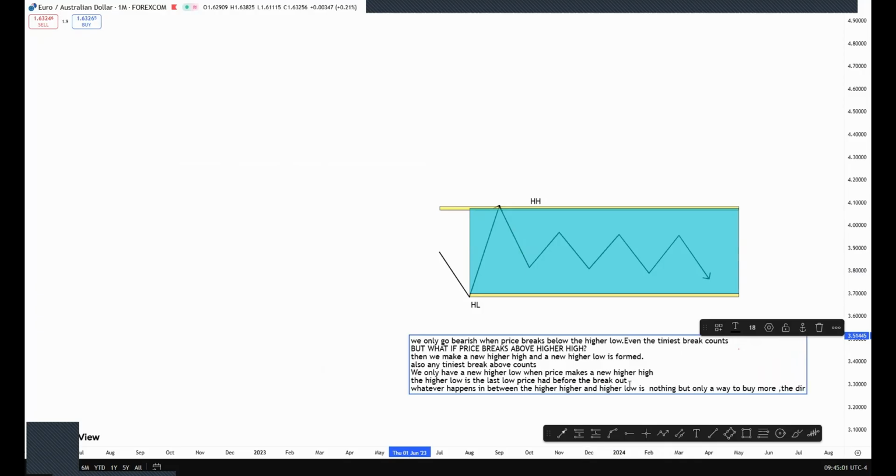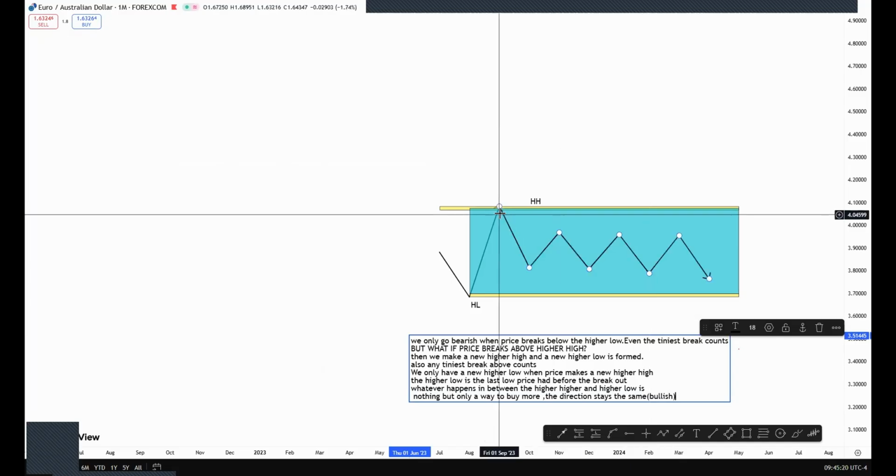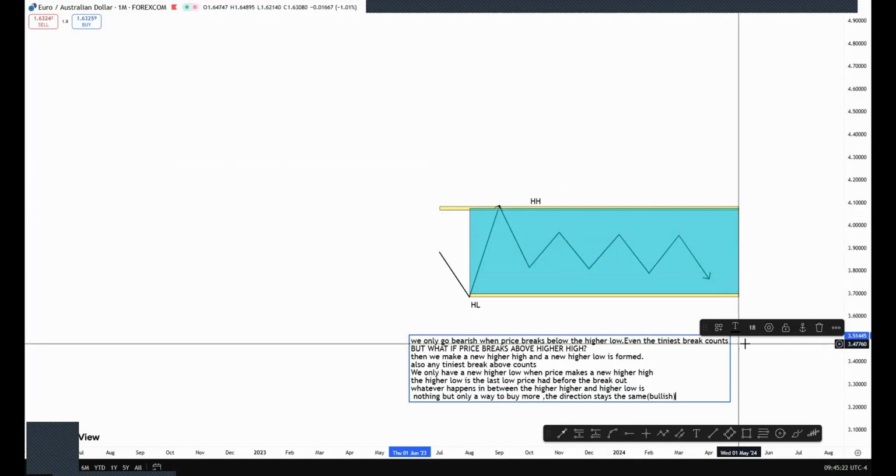The direction stays the same, which is in this case bullish, because we are looking at a bullish move.